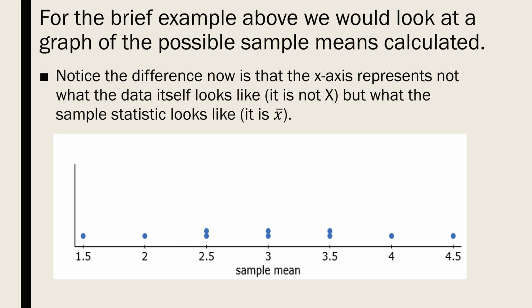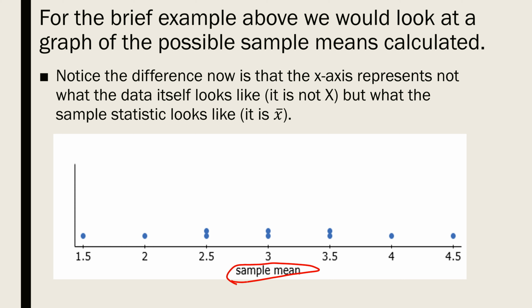For the brief example above, we would look at the graph of the possible sample means calculated. Notice the difference now is that the x-axis represents not what the data itself looks like. This is not x, but what the sample statistic looks like.